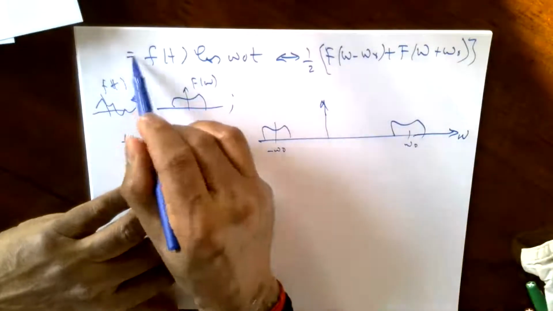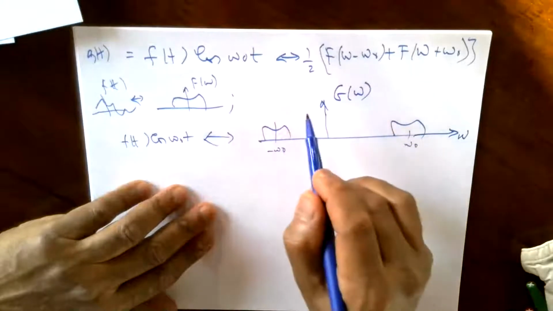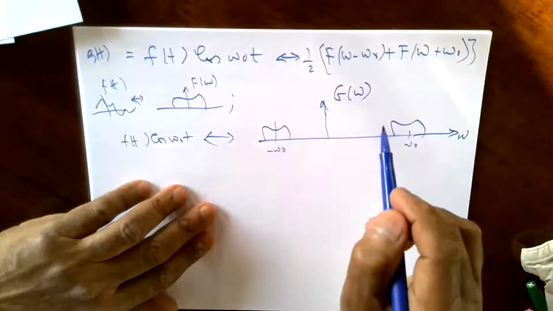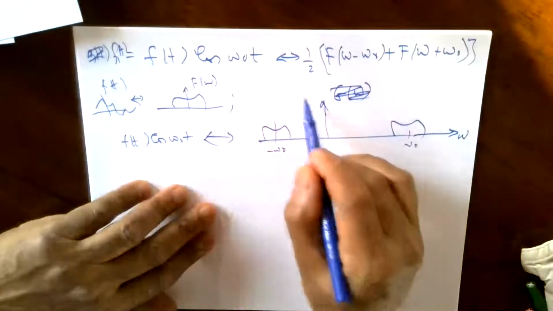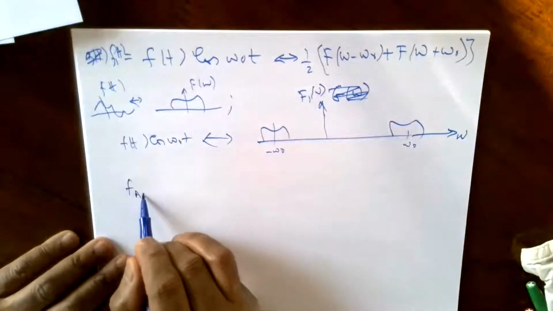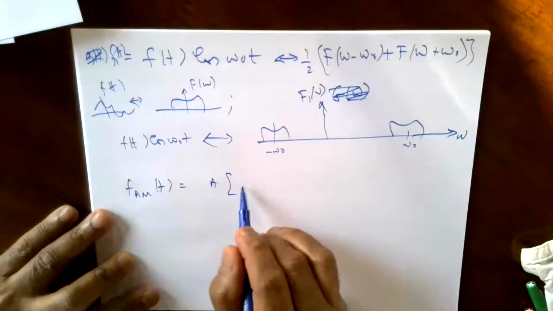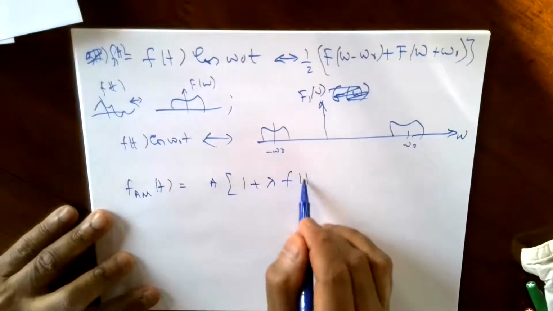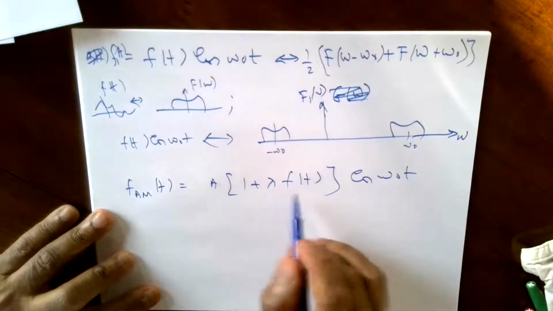So if I call this f1(t), this is F1(ω). And as I said, in amplitude modulation, the transmitted signal is something like some amplitude (1 + λ f(t)) cos ω0 t. So λ is a constant.